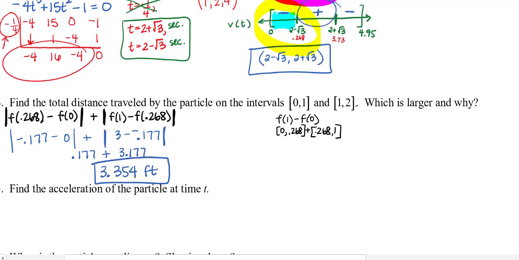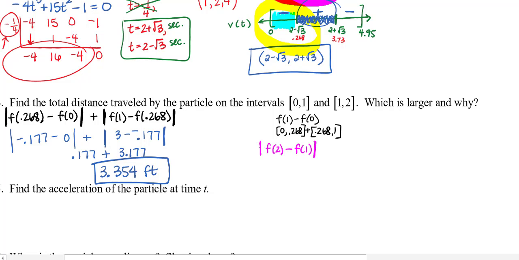Now if I look from 1 to 2, that is in this middle interval up here on my velocity number line. I don't turn around between 1 and 2. I'm going in the positive direction, or forward, the whole time. So I can just say f of 2 minus f of 1.